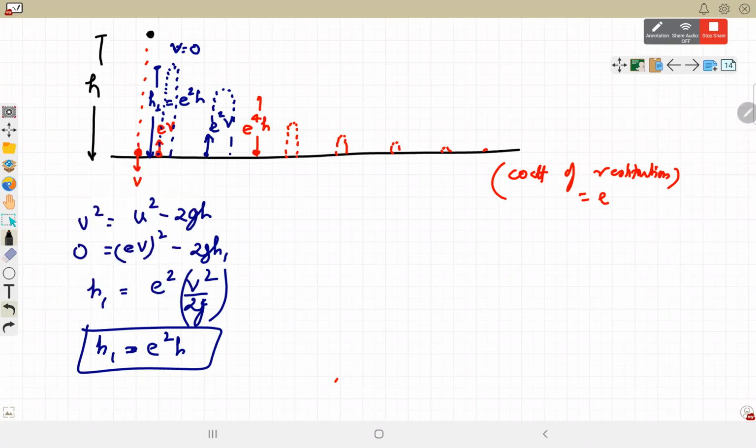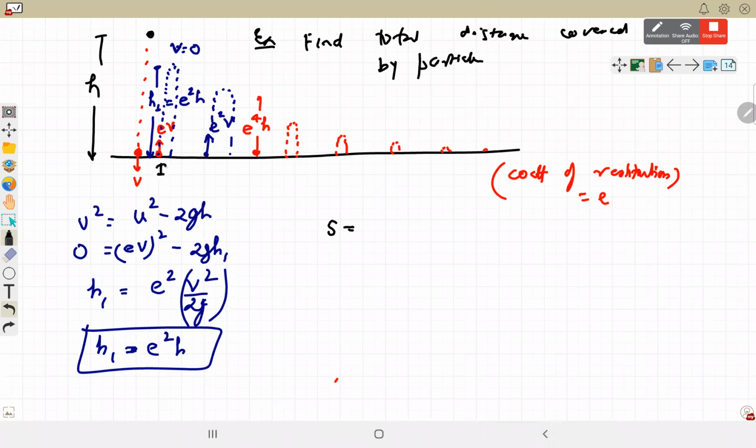Now the question is to find the total distance covered by this particle before coming to rest. From the first part of the question, the height after the first bounce is E square H, after the second bounce E to the power 4, third bounce E to the power 6, then E to the power 8.